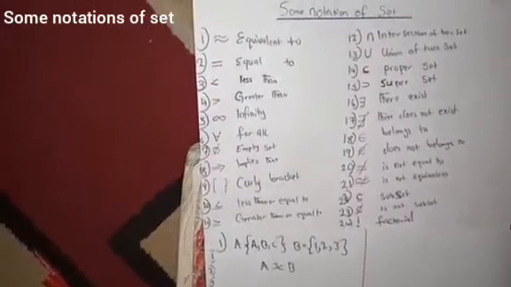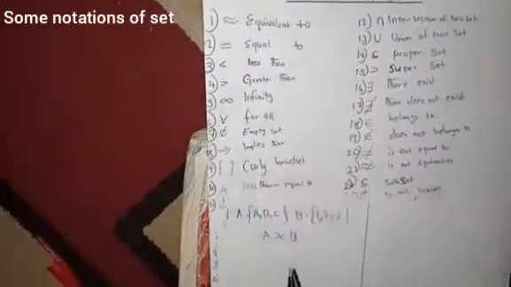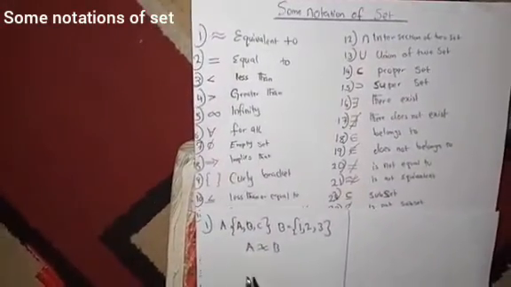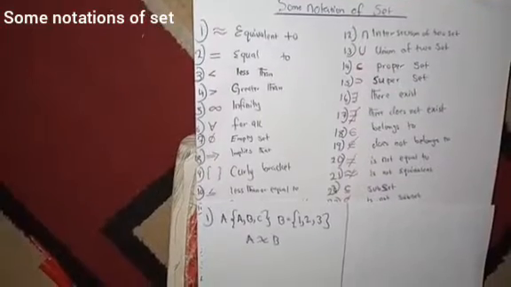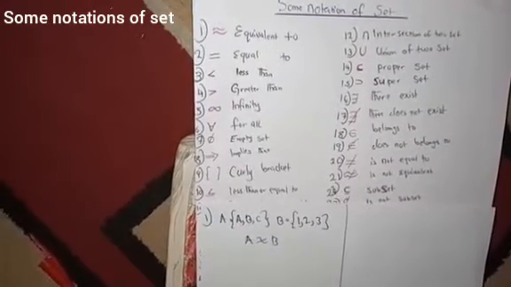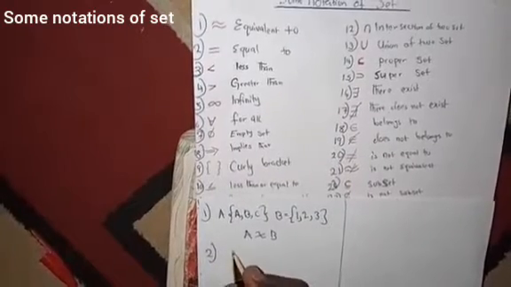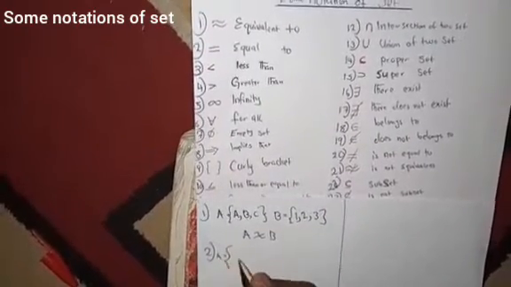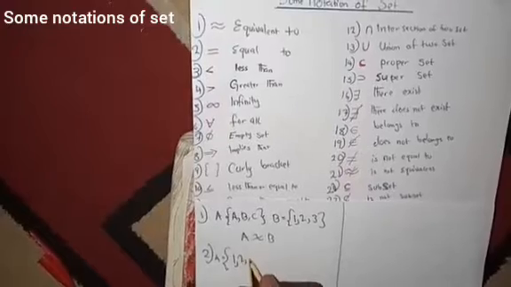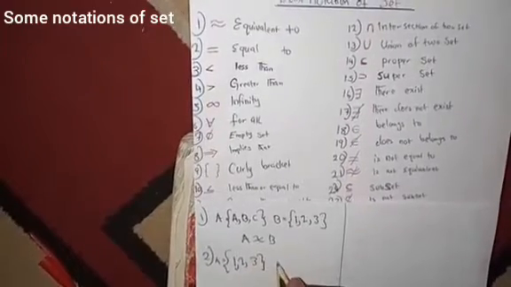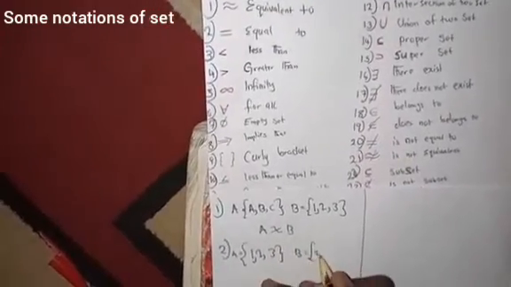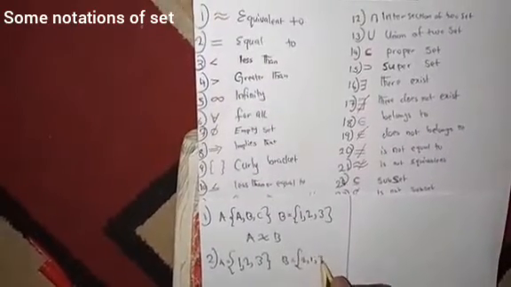Number two, we are moving to another one, that is equal set. When we say equal set, both the number of elements and the type of elements in the two sets must be the same. For example, in set A, if you have 1, 2, 3, then in set B it must be 2, 1, 3.